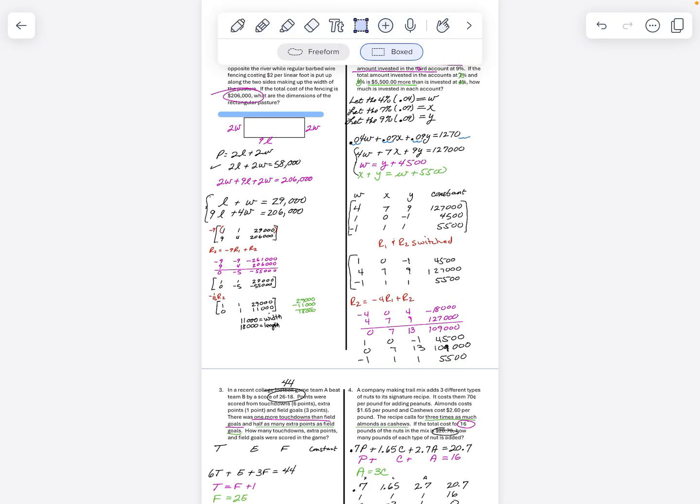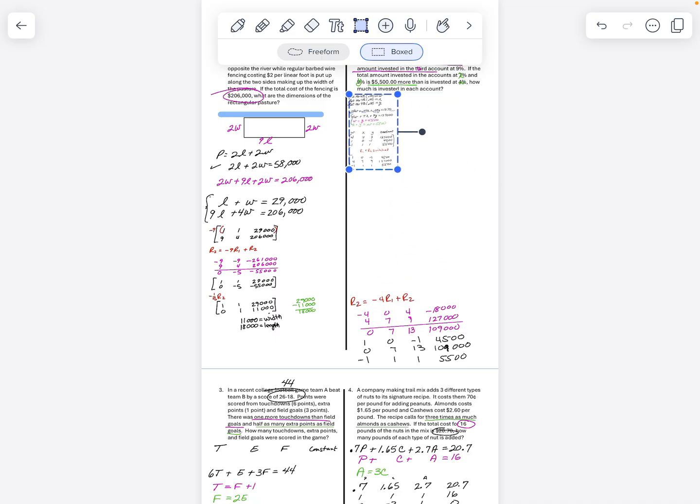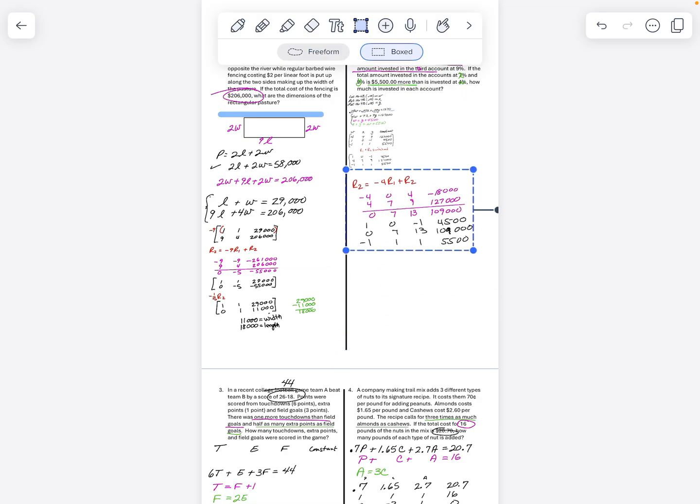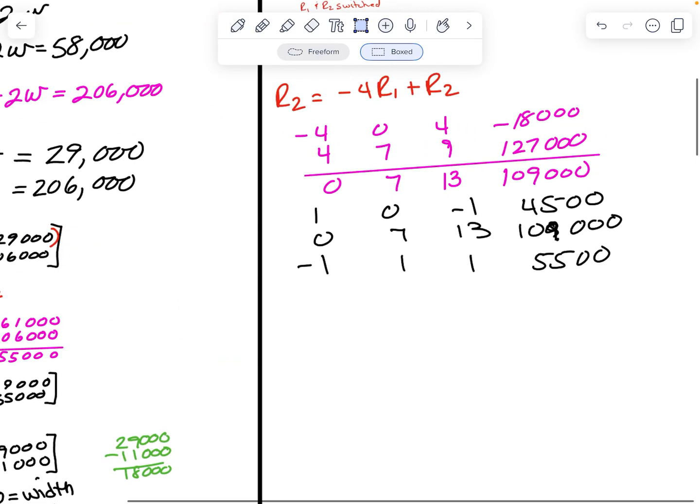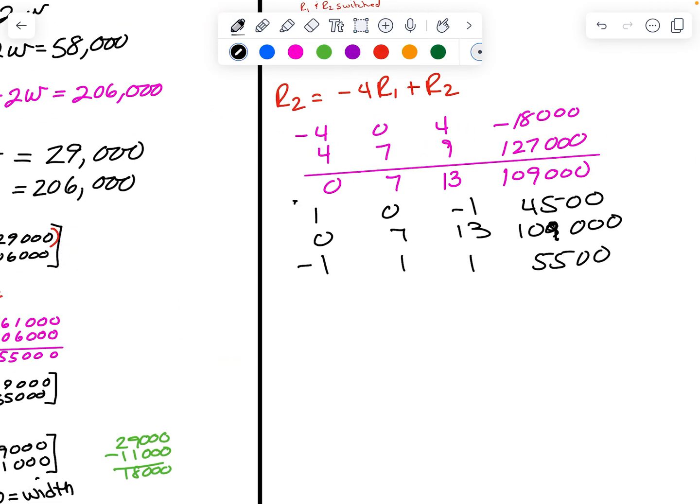So then we end up with, I'm going to make row 3 be row 1 plus row 3, which will give me 0, 1, 0, 0, 0, 0.